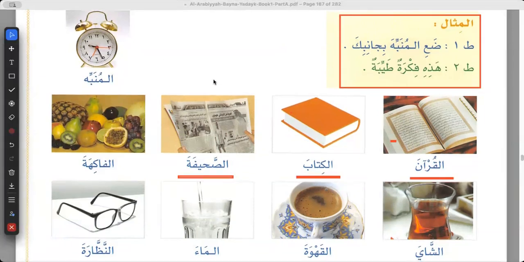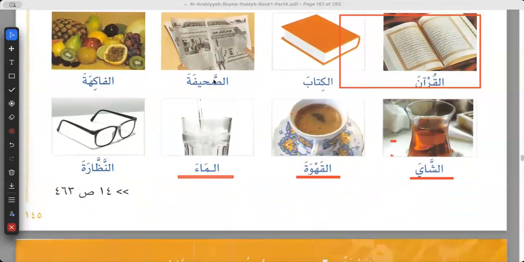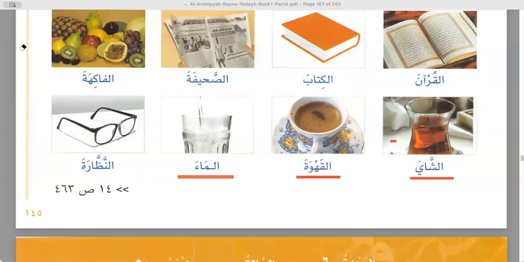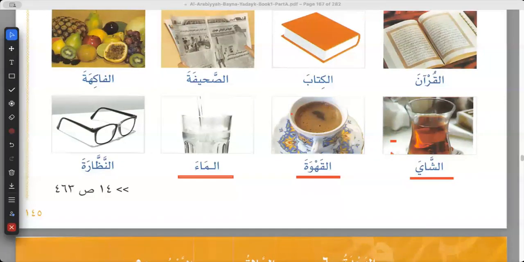Now, let's move to the next one to be answered by 777. نعم. ضع الشاي بجانبك. هذه فكرة طيبة.